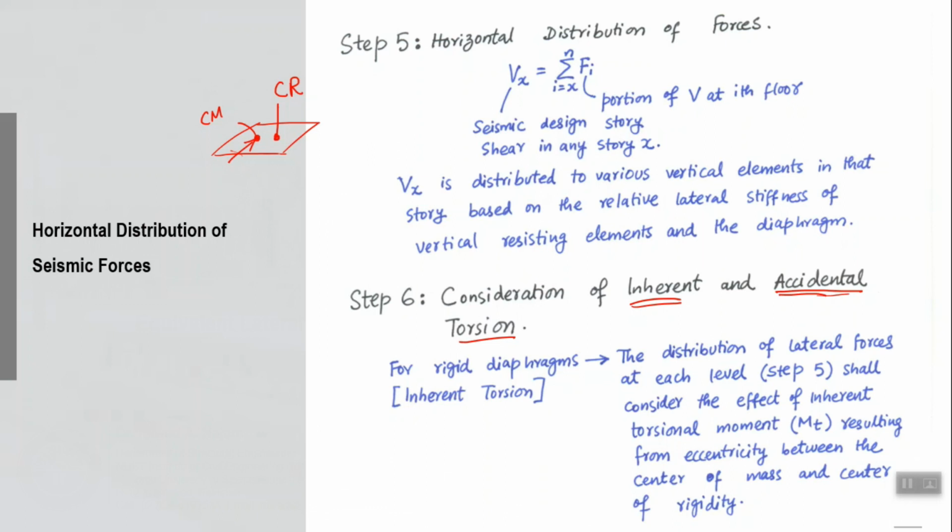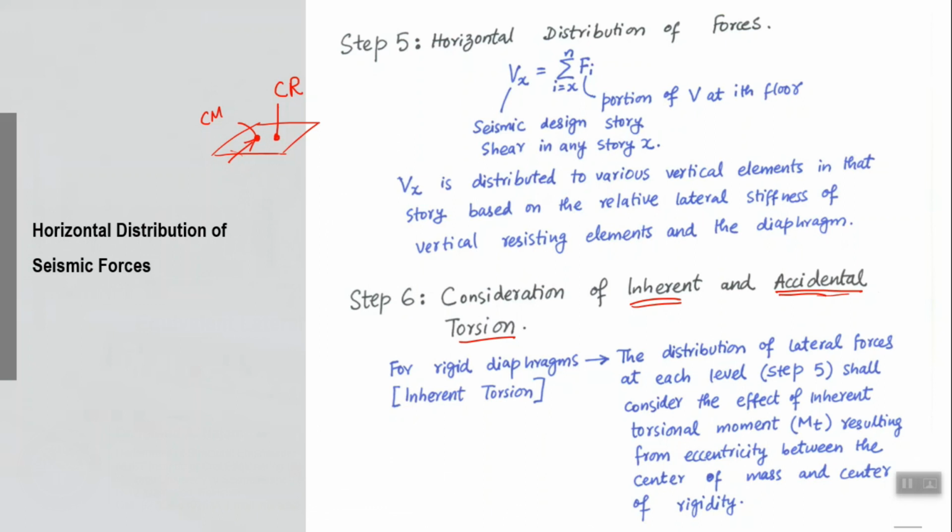That product of force times that eccentricity will be considered as an accidental torsion, right. So, it is an additional force or additional moment which is applied to your diaphragm or your floor in order to account for those accidental scenarios which can cause additional torsion, right.